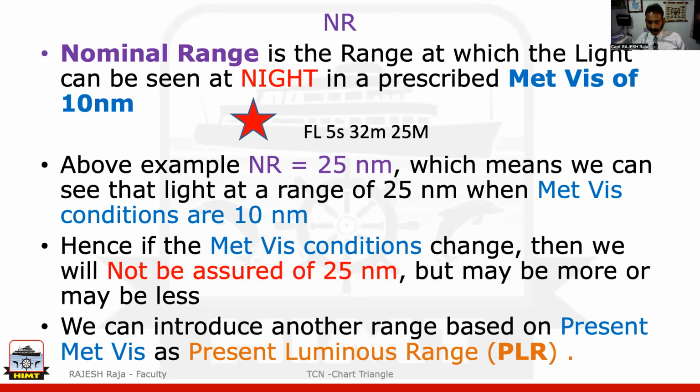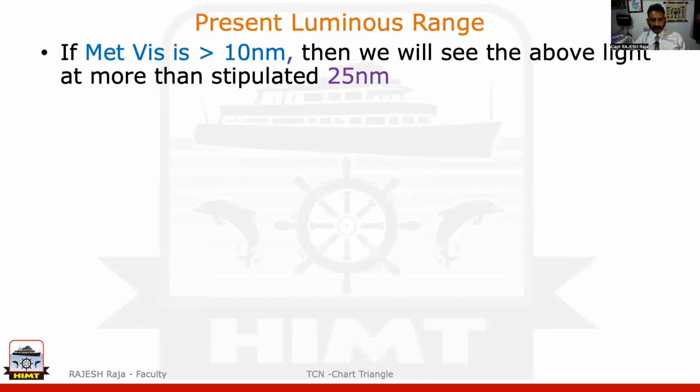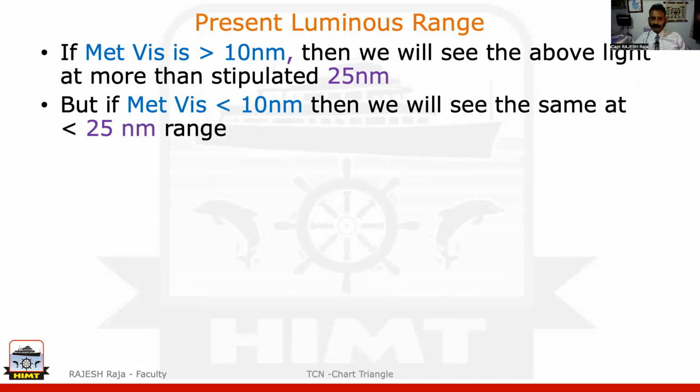We'll do a little bit of theory, then I'm going to show you how to find that practically also. So PLR, please remember: if today the same lighthouse had switched on the light and met visibility was greater than 10 nautical miles, then I might be able to see it at more than 25, which is your nominal range, or NR. I could see more. But exactly the opposite also can happen.